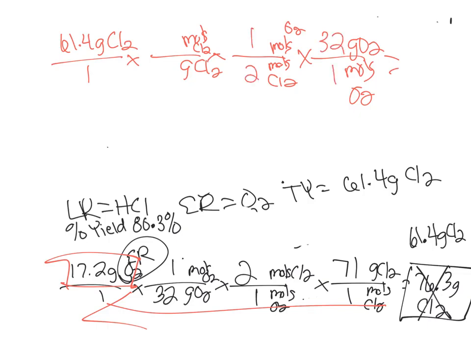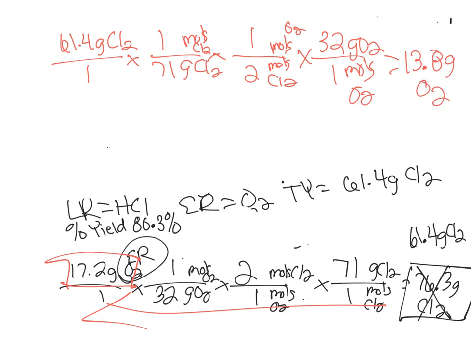So 2 and 1 and 71 and 1. So by multiplying our 61.4 times 32, dividing by left parenthesis 71 times 2, right parenthesis equals. I got 13.8. I might check that again just because my calculator went a little wonky.